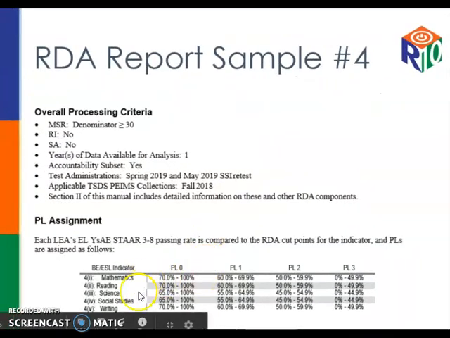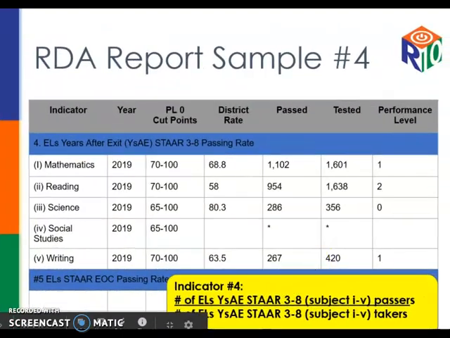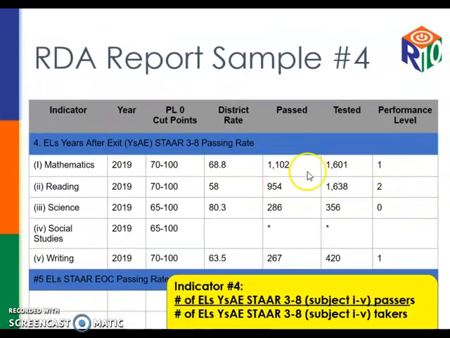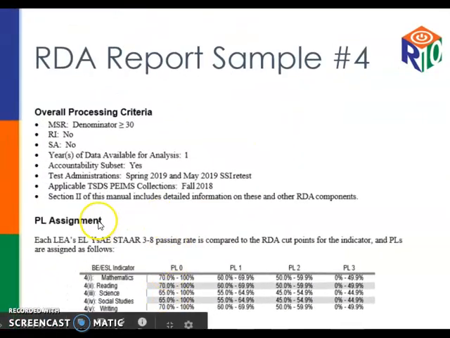And the 58, I believe for reading, is a PL 2. So that is exactly how to identify what performance level you are at. Again, this does not say RO because this is actually measuring based on this formula, and there is a PL assignment which provides cut points.